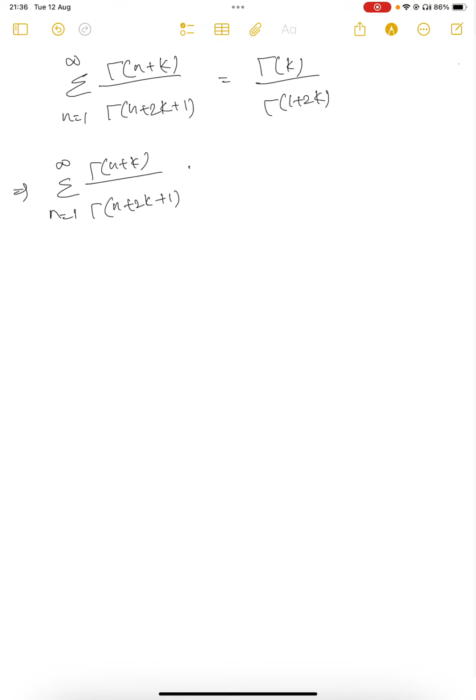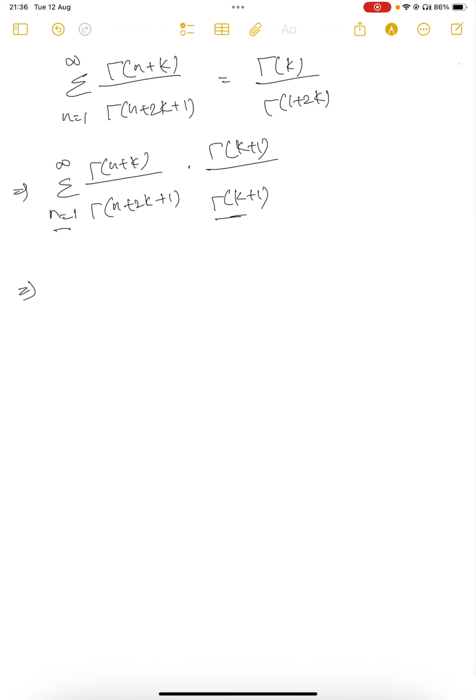Here let's multiply and divide with gamma of k plus 1. So bring this summation is for n, right?